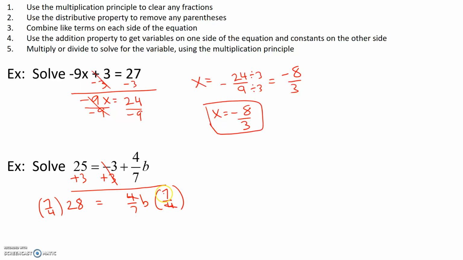So the 4's cross cancel, the 7's cross cancel. On the right side, all we have left is b. On the left side, 4 goes into 28 7 times, and 7 times 7 is 49. So our solution is b equals 49.